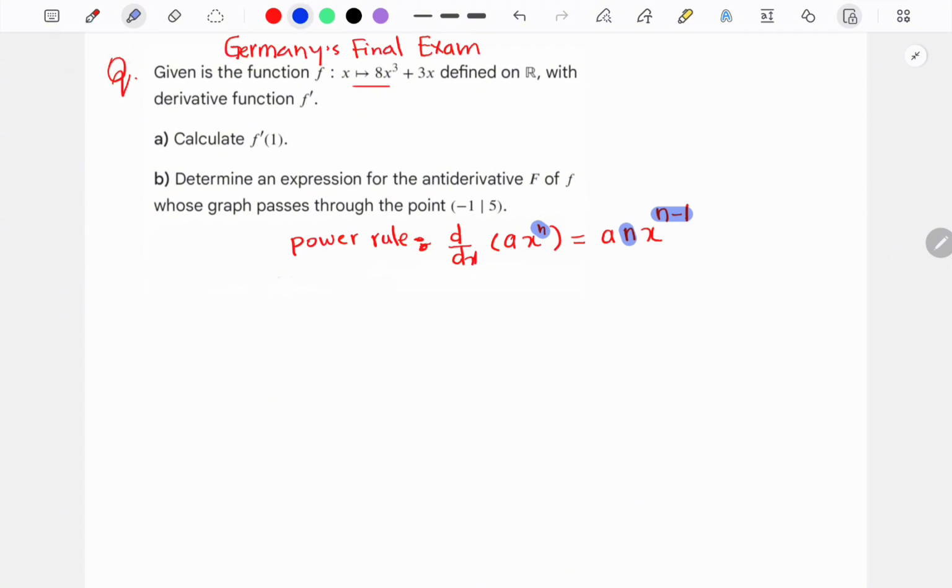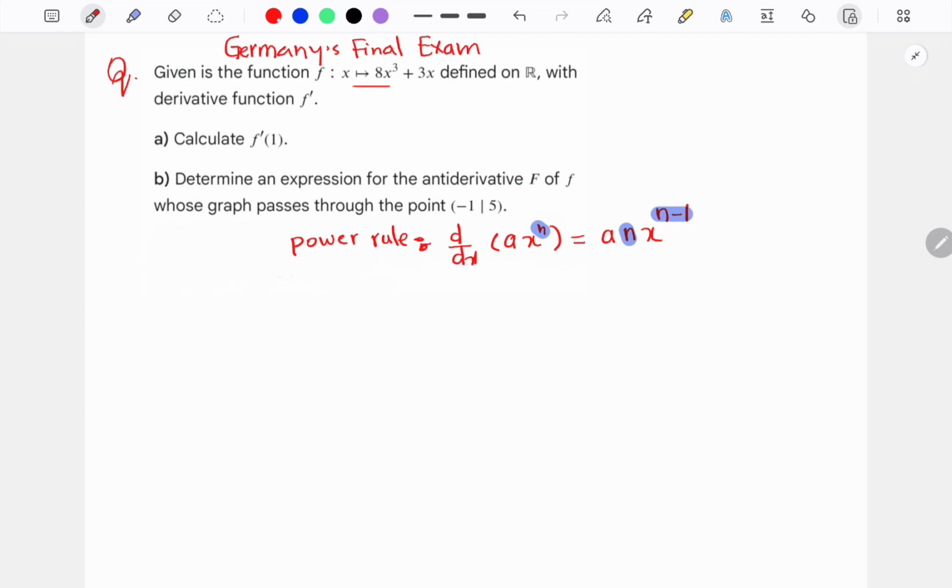Now we will differentiate our given function, which is f of x is equal to 8x to the power 3 plus 3x.